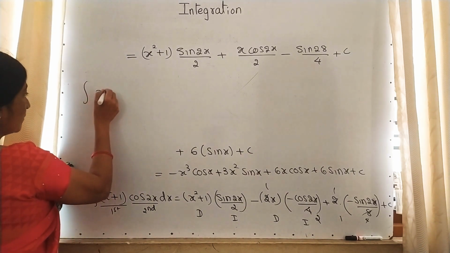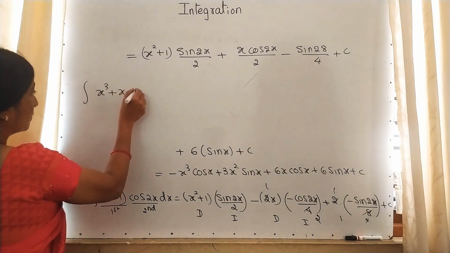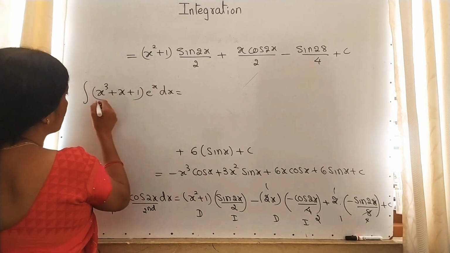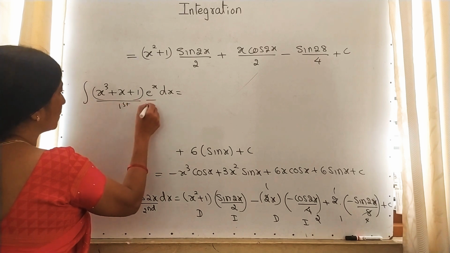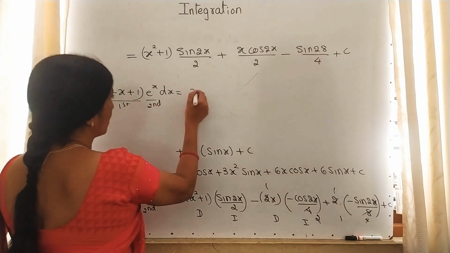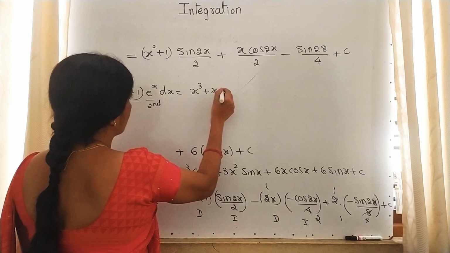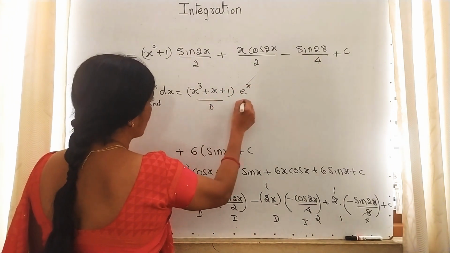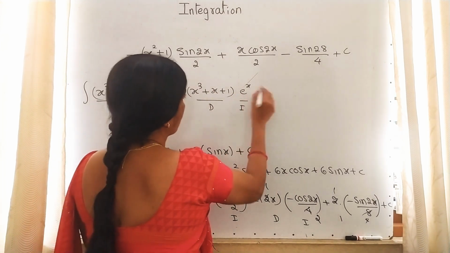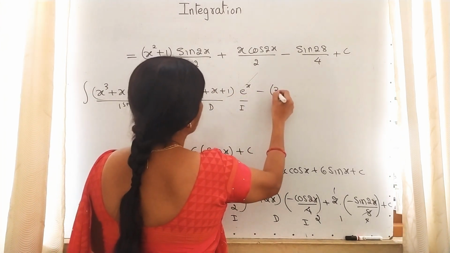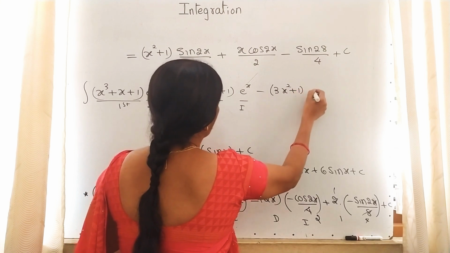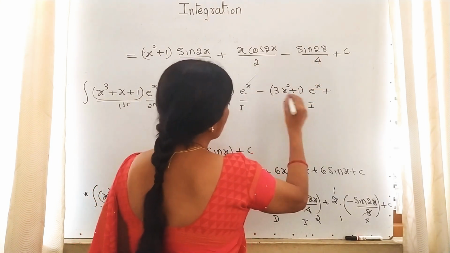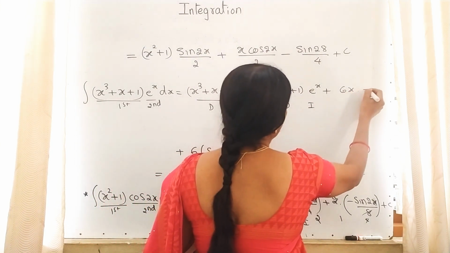Next one is... So this is the first function and this is the second function. First function as it is. In the first step as it is, integration of e raised to x. Now it is the differentiation, it is integration. Middle minus comes, 3x square plus 1 into integration of e raised to x. This is d, this is I. Middle plus 6x into e raised to x.